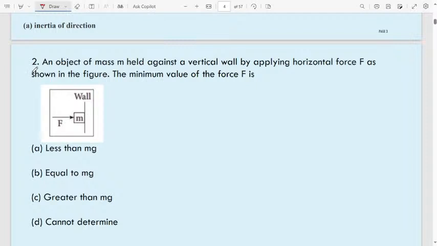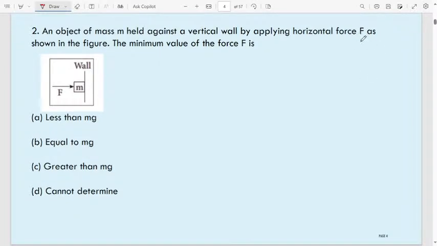Next question: an object of mass m is held against a vertical wall by applying a horizontal force F as shown in the figure. This is the object of mass m. Then this object is held against a vertical wall. This is the wall.